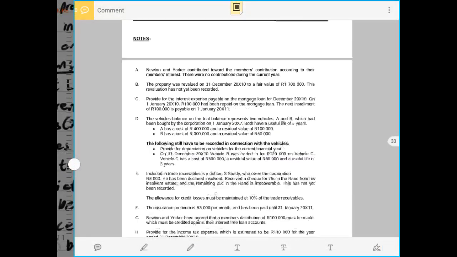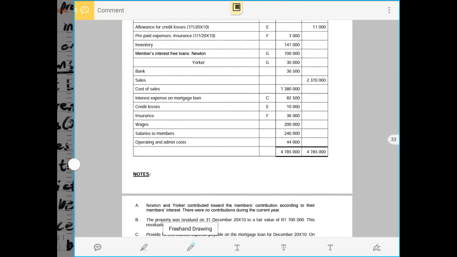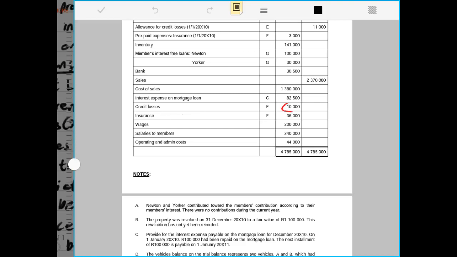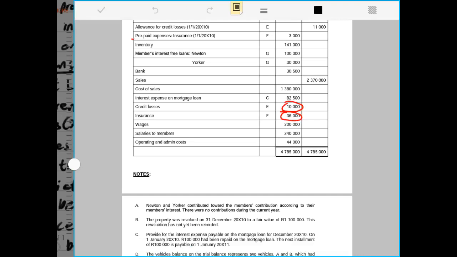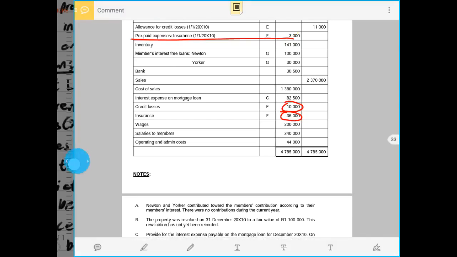And then we do have our credit loss from the trial balance. Our credit loss at 10,000 rands, and the insurance that we take is the insurance expense that was paid, 36,000 rands, not the reversal of the insurance, or not the prepaid expense of 3,000. I'm not taking that. I will consider that immediately now.